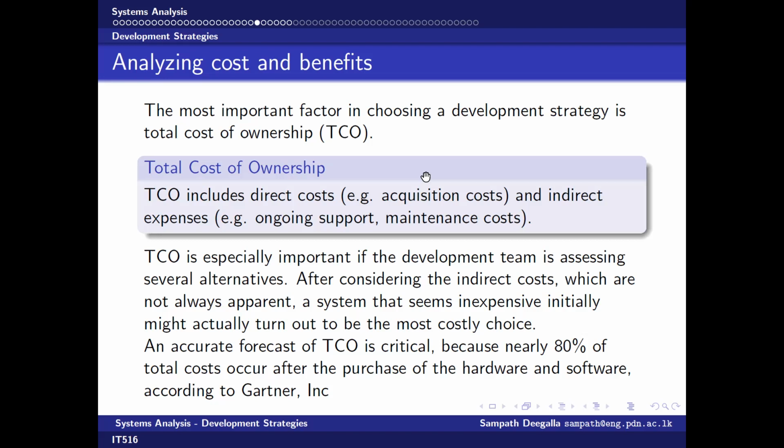So when you look at something inexpensive initially, sometimes when you look at the total cost, you will see that it will be the most costly choice. So we have to think about this as well. For example, when you look at the forecast, nearly 80% of the total cost occurs after purchase of the hardware and software, right? So you have to be very careful.